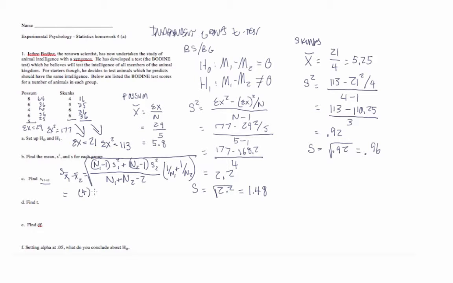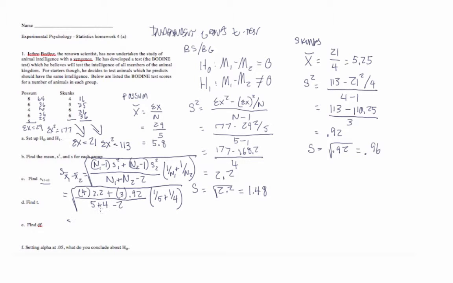So 4 times 2.2 plus n minus 1 there is going to be 3 times 0.92, because there's our number right there, over 5 plus 4 minus 2, times 1/5 plus 1/4, under a root sign.